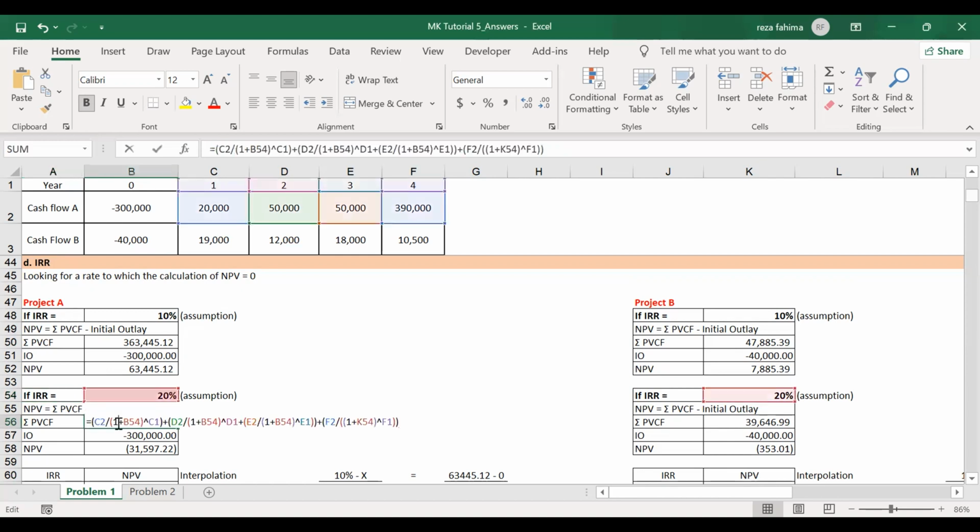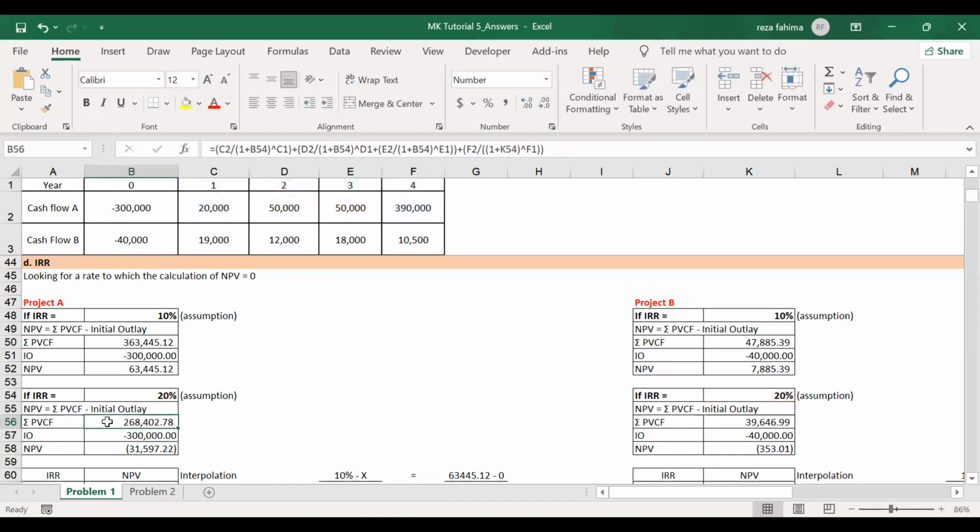So the PVCF for this project A when the IRR is 20% is the cash flow of the first year divided by 1 plus 20%, which is our assumed IRR, in the power of 1, since we're calculating the first cash flow, plus the year 2 cash flow divided by 1 plus our assumed IRR, which is 20%, in the power of 2, because we're calculating the cash flow of the year 2, and so on for the year 3 and the year 4 are the same.